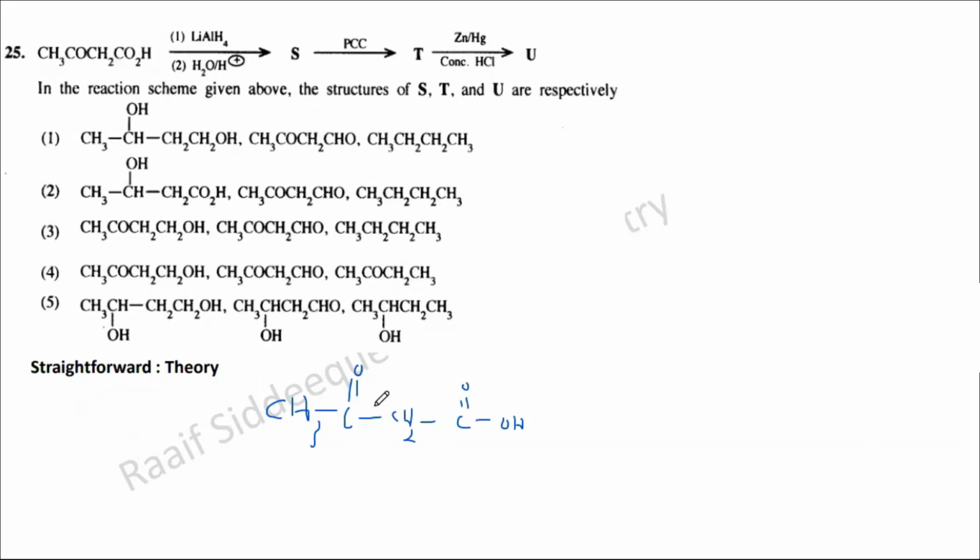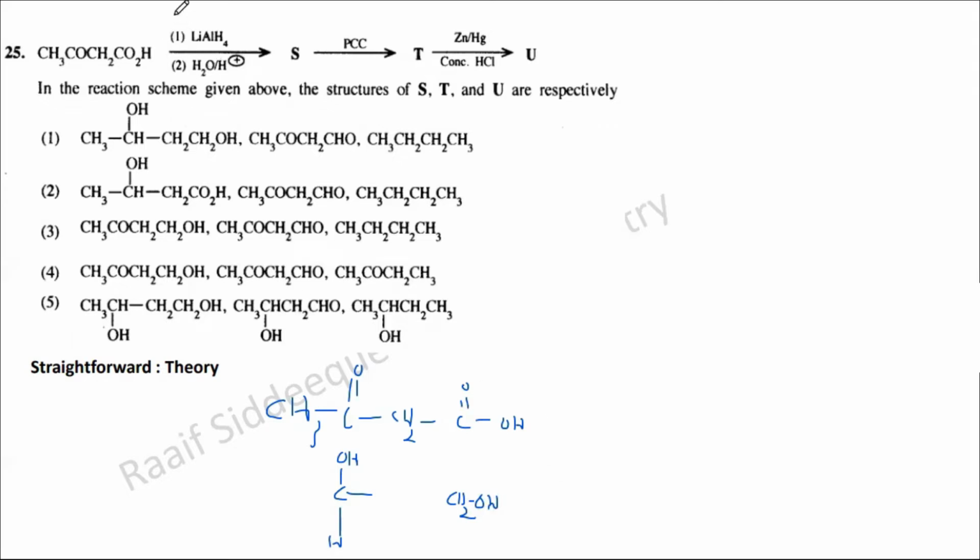So here we have a carbonyl carbon, which can be reduced to OH like this. Basically, alcohol. So there will be this CH2, and this carboxylic acid will be converted to a primary alcohol, CH2OH. Okay.